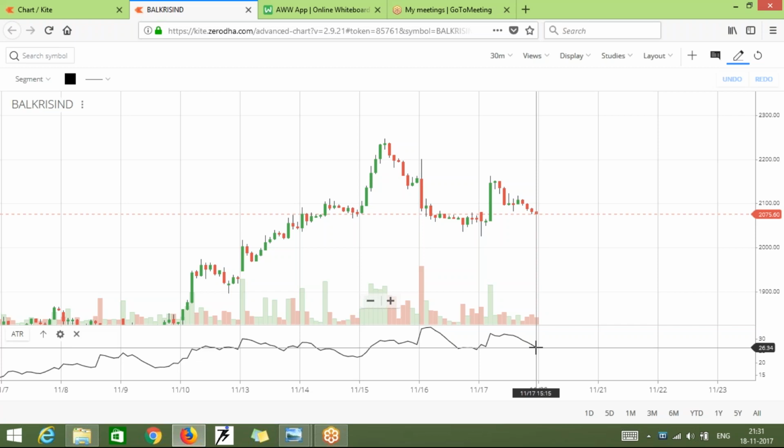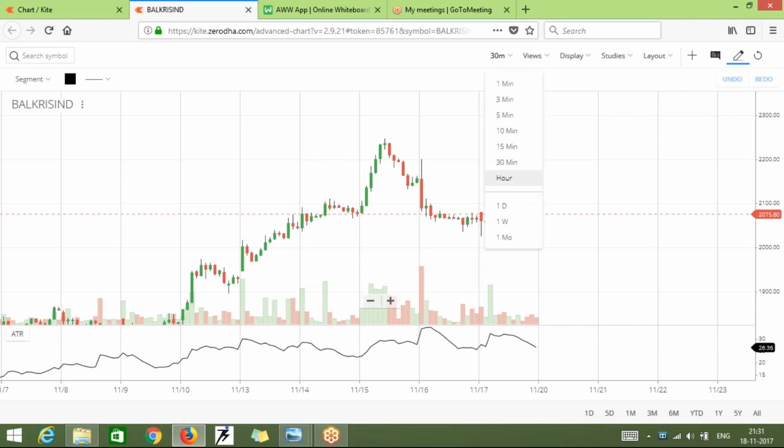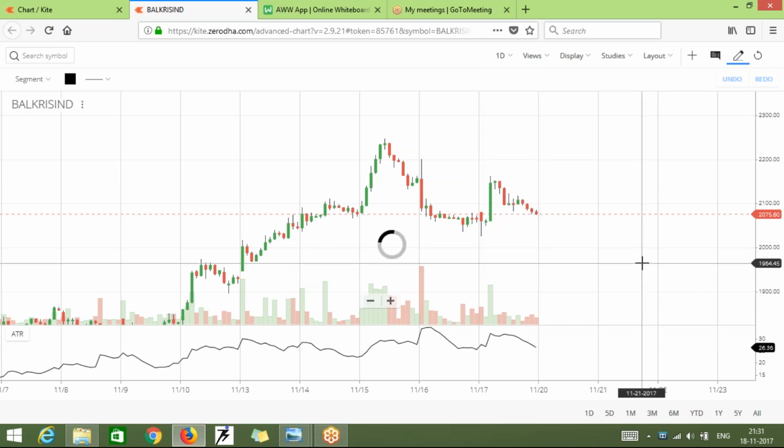It considers 14 periods, it considers the volatility, and after that it is showing. And you can see how it keeps changing. Checking in a 30-minute chart, it is showing that according to ATR, your stop loss should be 26.34. Let me change the time frame and show you. It's a daily chart.